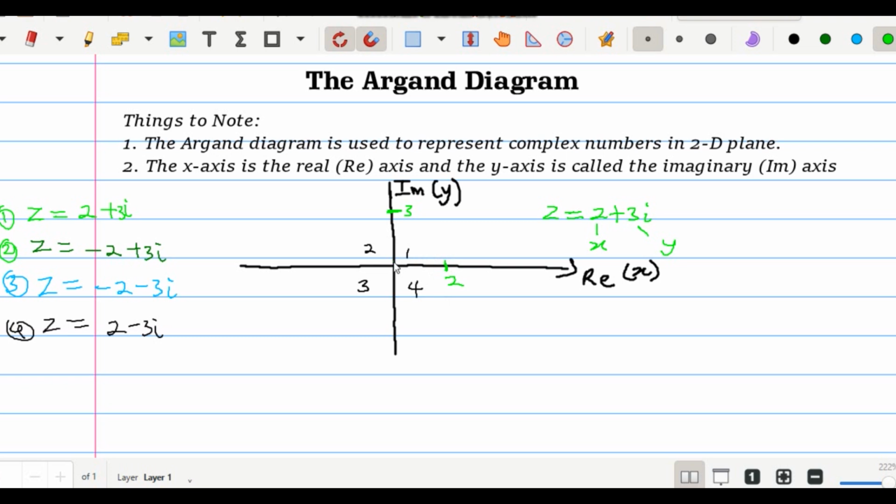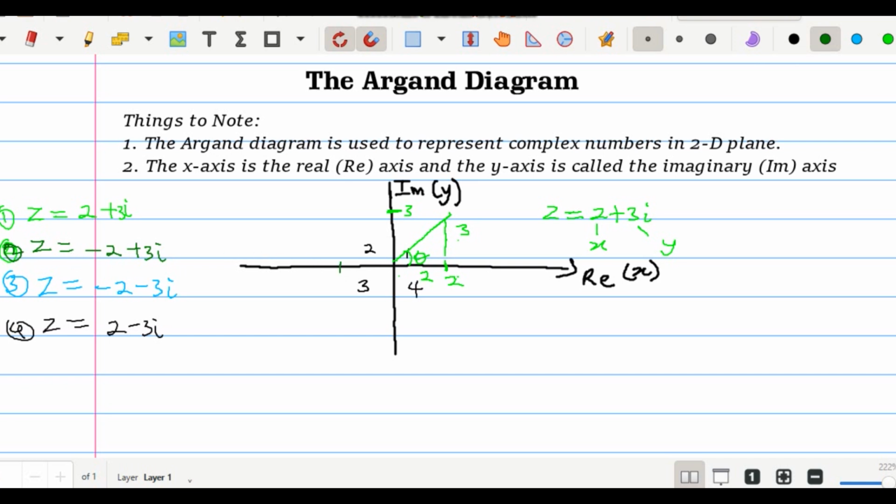You are going to draw it this way. This is your 3, and this is your 2. The distance from here to here is 3, and the distance from here to here is 2. This is the representation on the Argand diagram. Now you have to represent the second one on the Argand diagram.